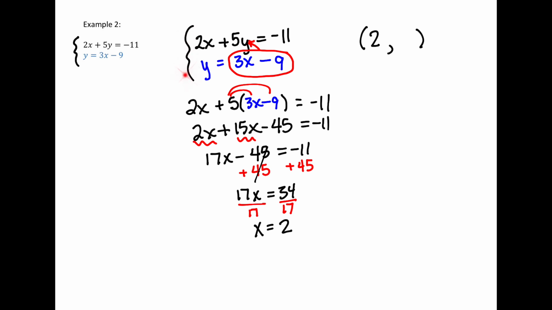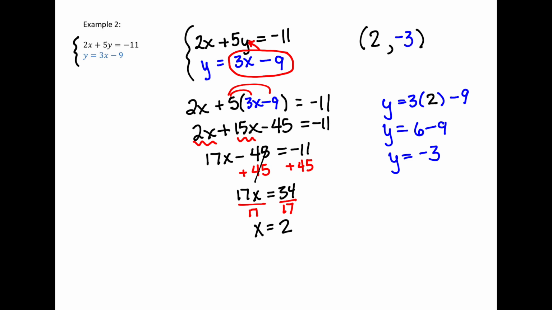But I'll do both of them just to show you. Okay, so y equals 3 times whatever x is minus 9, but we know that x is 2. Okay, so y equals 6 minus 9, so y equals negative 3. There's your point.